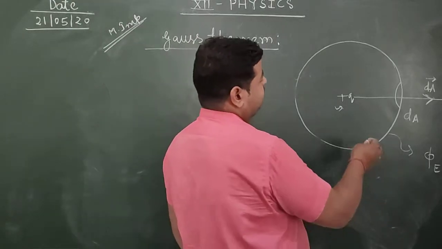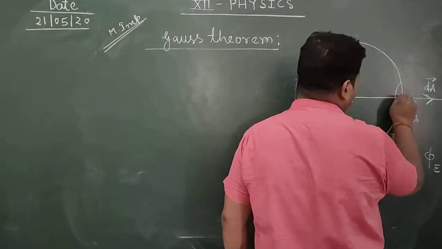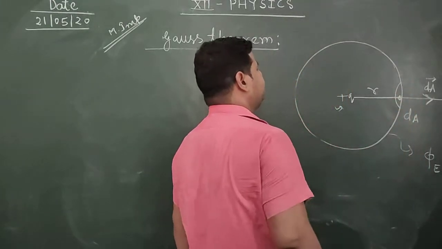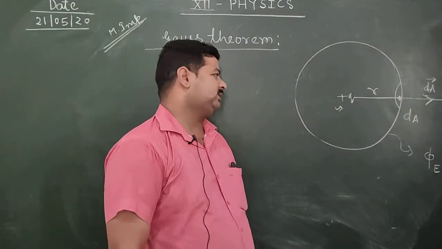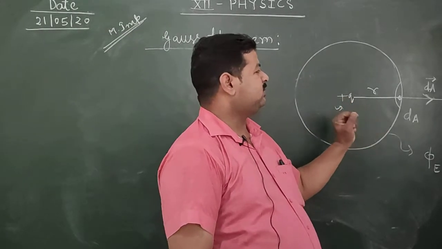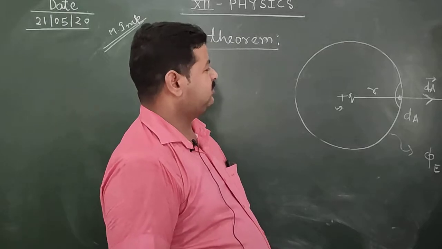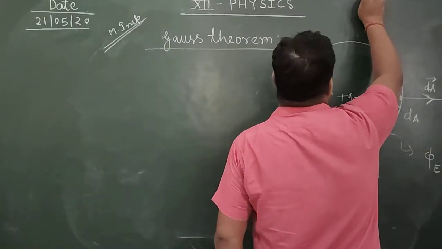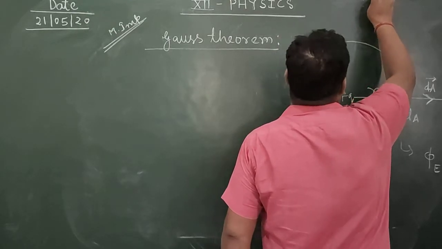Here we observe that if the radius of a sphere is r, then what would be the electric field at that point? We have already studied the electric field due to a point charge, that is E is equal to 1 upon 4 pi epsilon naught q by r square. So these are points that we will remember always.